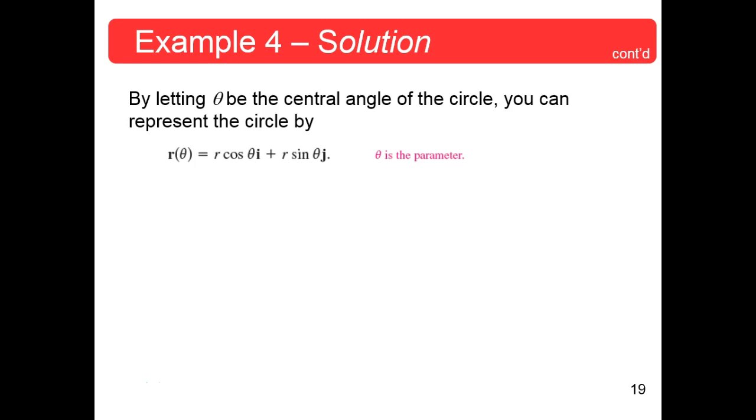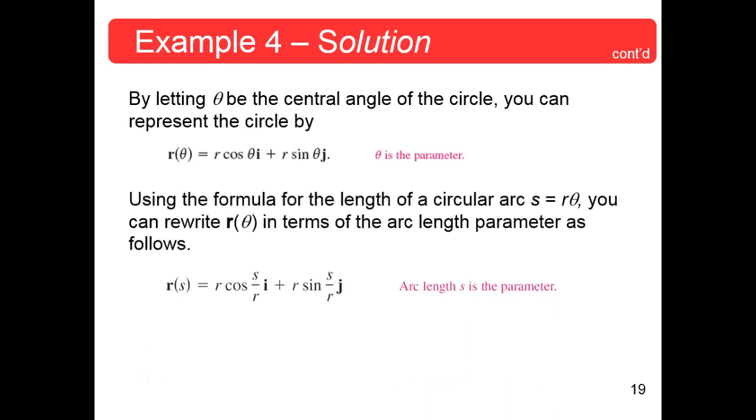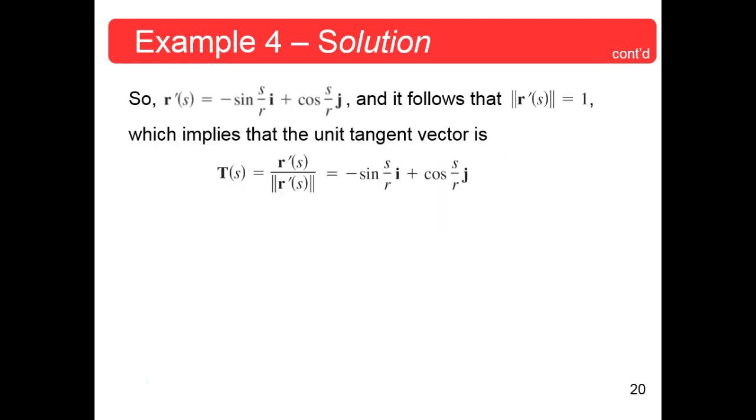Letting theta be the central angle, you can say r theta is, yeah, got it, just like we did. Now, rewriting that as a function of s, from s is equal to r theta, theta would be equal to s over r, so that's what we did there too. And then we took a derivative of that, and you got that just like we did. So the magnitude of that was 1, so that makes it a unit tangent vector.